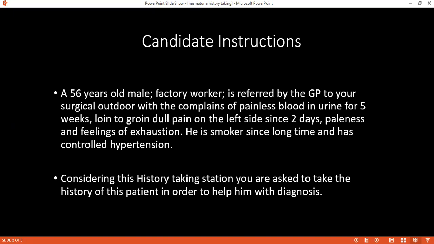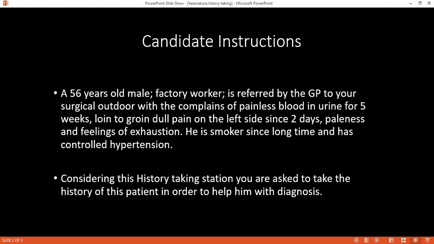When I move or when I do activities, when I walk, the pain increases, but when I rest, the pain reduces. Is there any specific time during which the pain increases? Are you experiencing it all days? Yes, it just comes and goes on its own. There's no specific time.